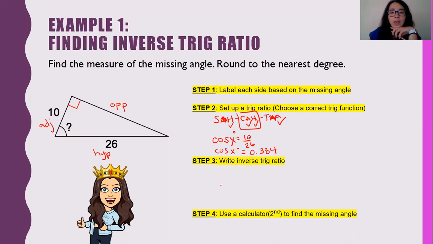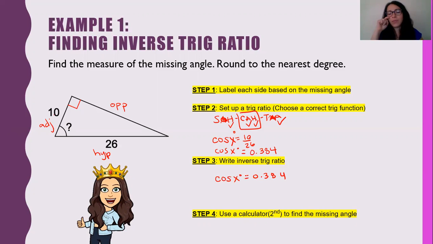So now that we have that, I'm going to write the trig ratio. In other words, cosine of x degrees is equal to 0.384.